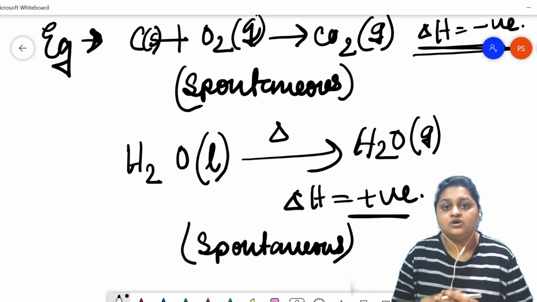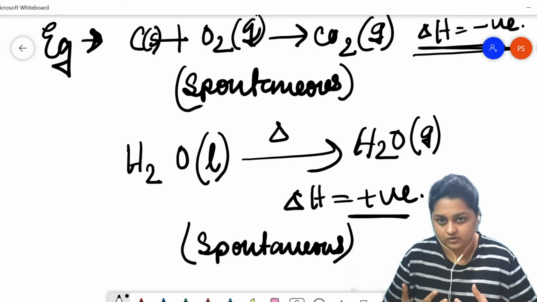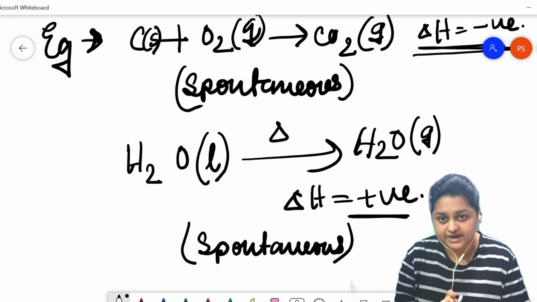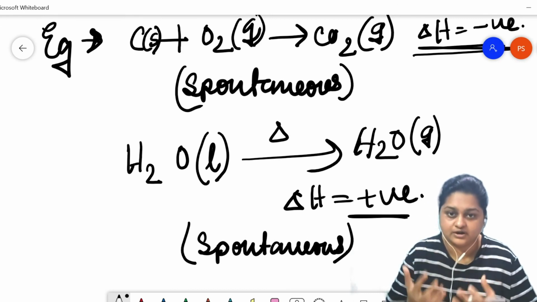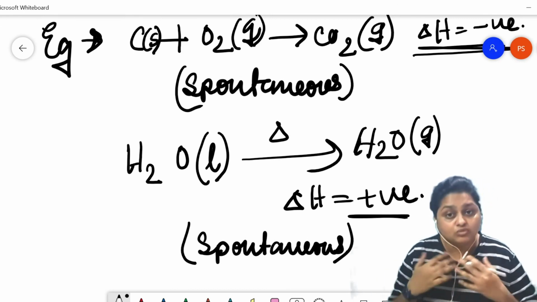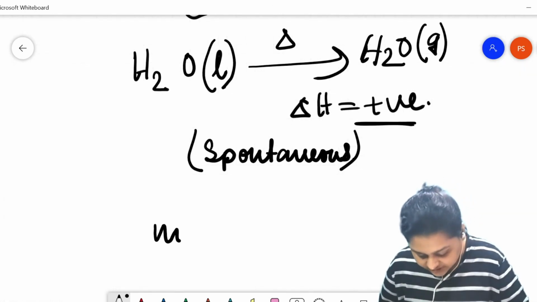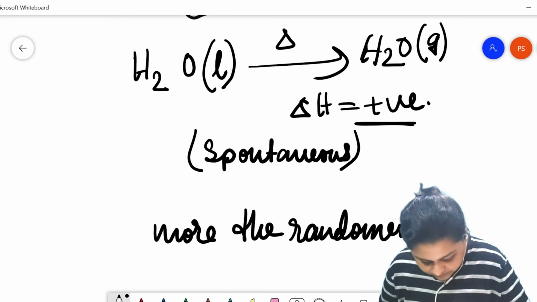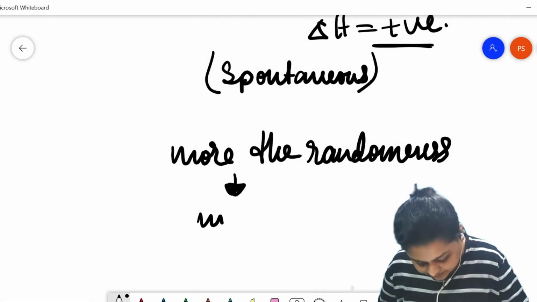Randomness of a system means how freely the molecules or particles can move around within the system. The more the randomness, the more the spontaneity of the system.